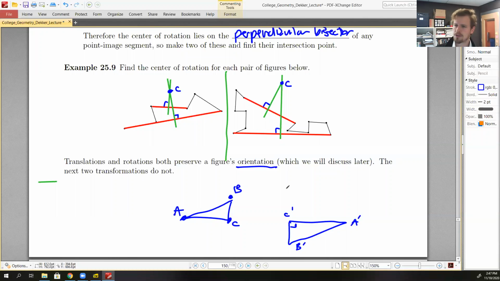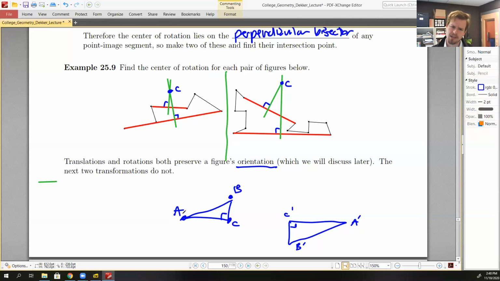Then the way that I like to think about it is how you travel around the diagram, or travel around the figure. So it doesn't necessarily make sense on a circle. It doesn't necessarily make sense for a line or an angle. But if we have a figure such as a polygon, then this is a great way to think about orientation.